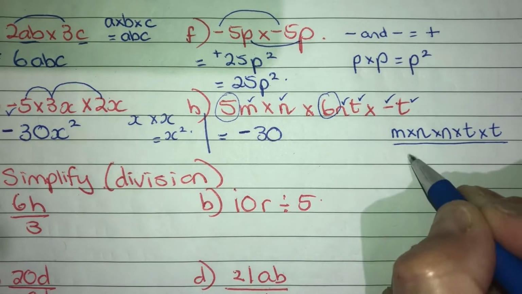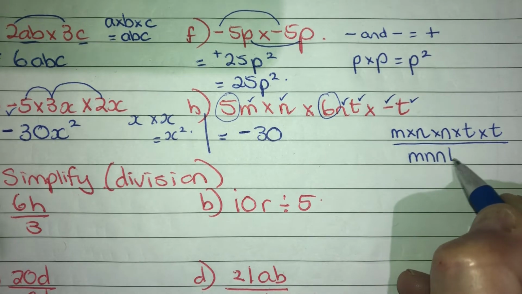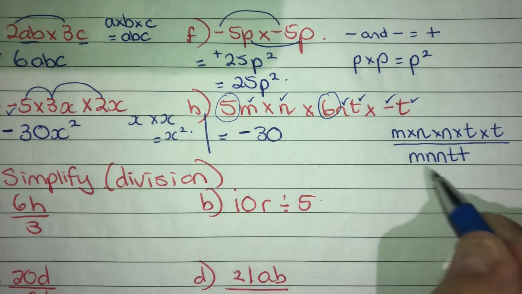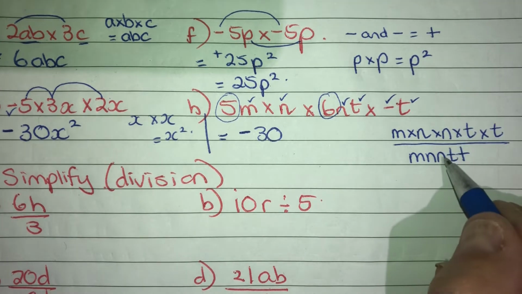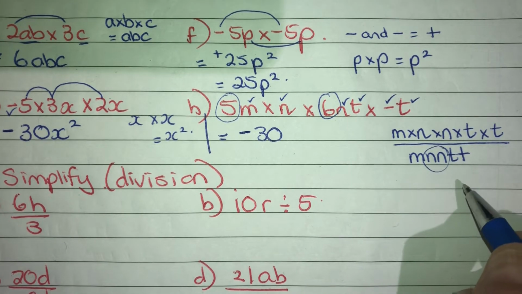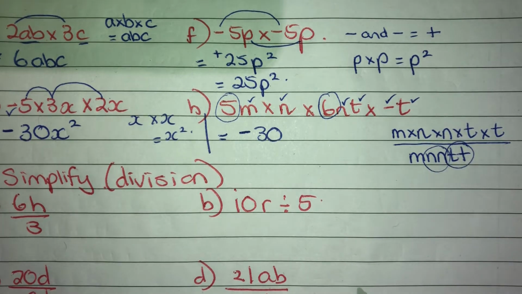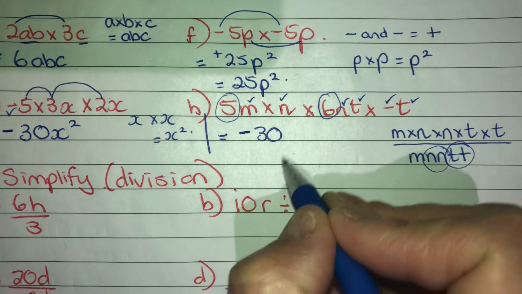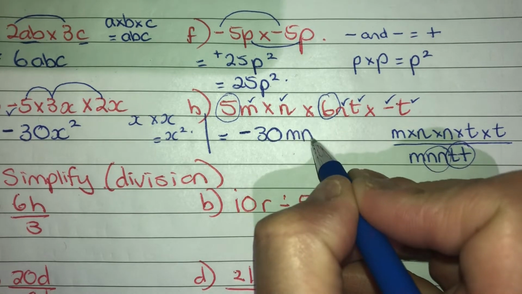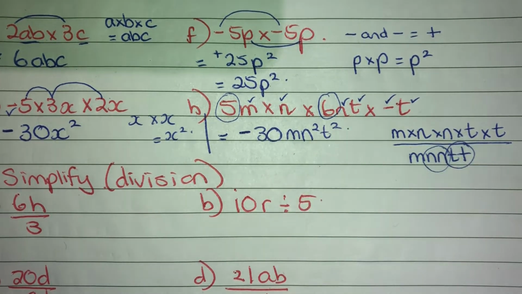Now, we could write m, n, n, t, t, but we need that to be more concise. And we know that n times n is n squared, and t times t is t squared. So your answer is going to be minus 30 m n squared t squared.